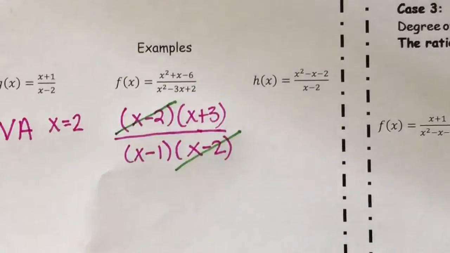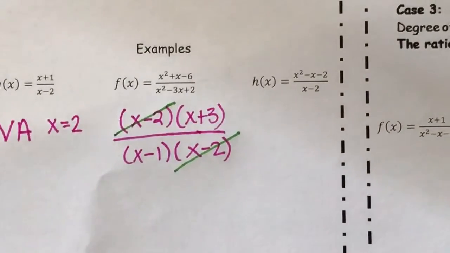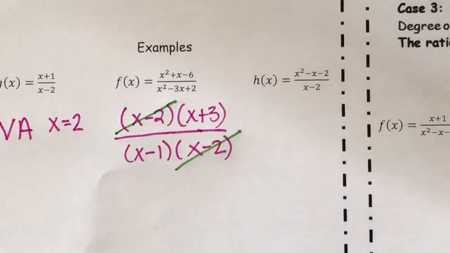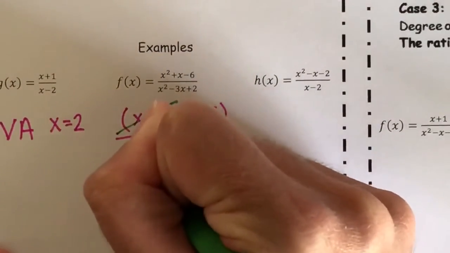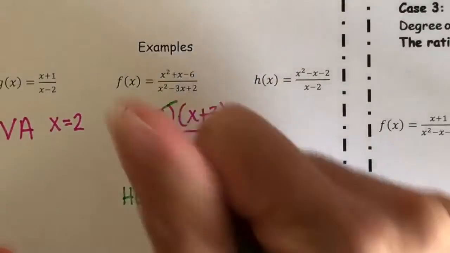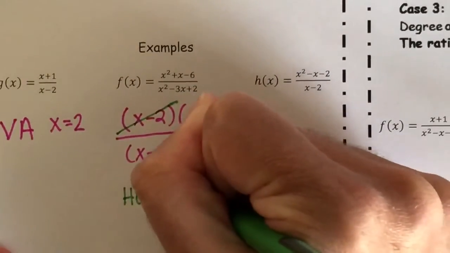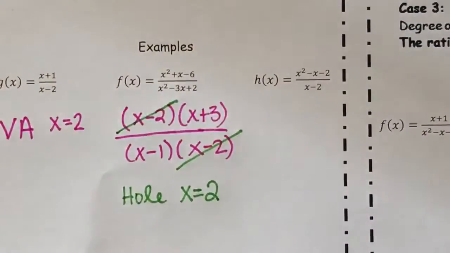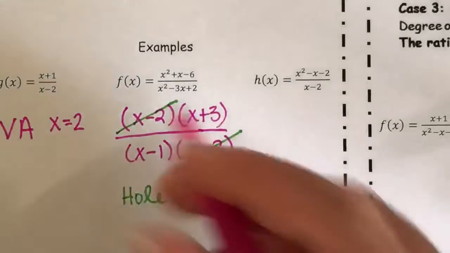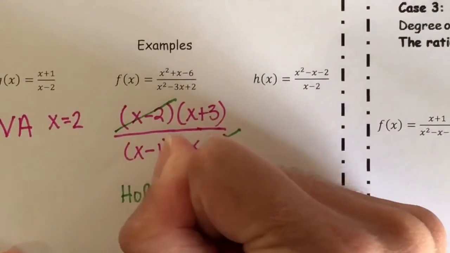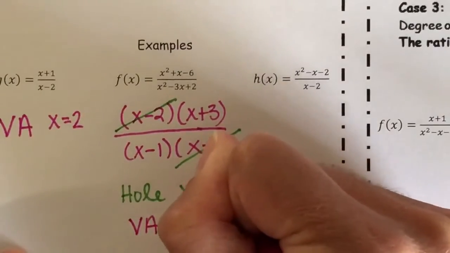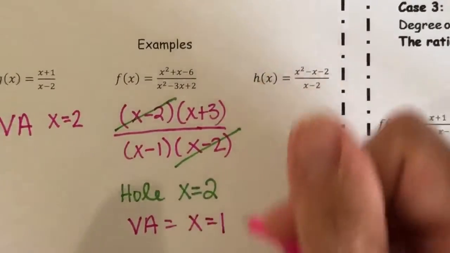If I was simplifying this, those two factors would cancel out. Because those two factors cancel out, that is my hole. I have a hole at x is equal to 2. And the remaining factor in the denominator that did not cancel out is my vertical asymptote. So I have a vertical asymptote at x is equal to 1.